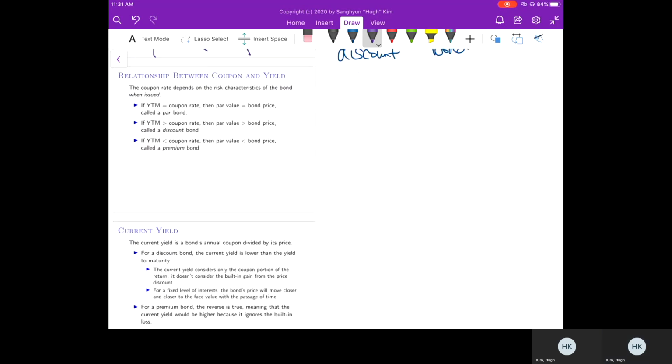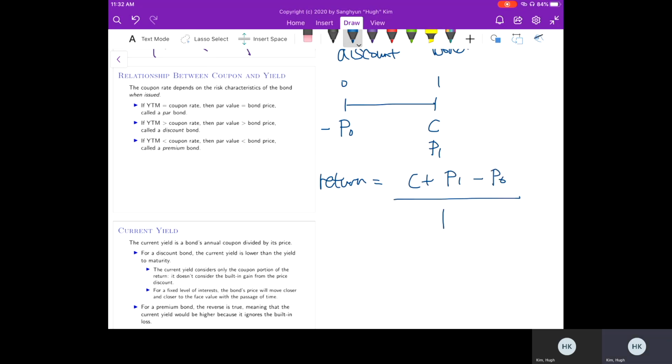So you as an investor, if you buy a bond by paying price P0, and you sell it a year later, then you receive coupon C, and the resale price of the bond, P1, then your return will be C plus P1 minus P0 over P0.